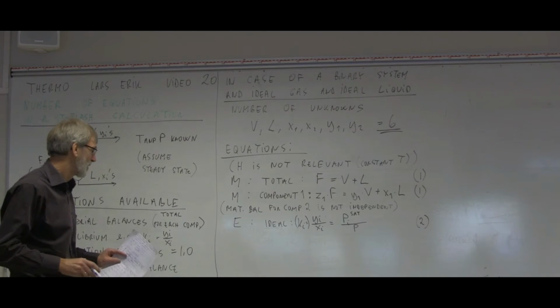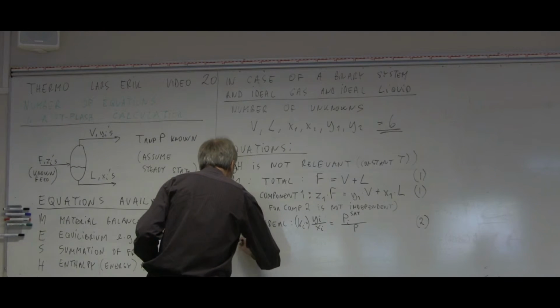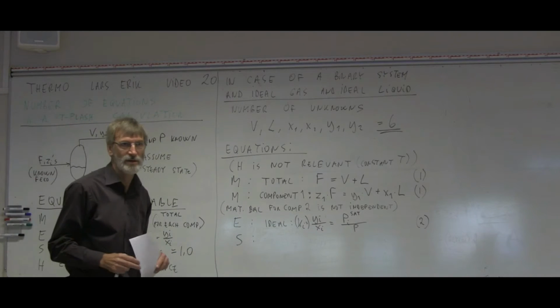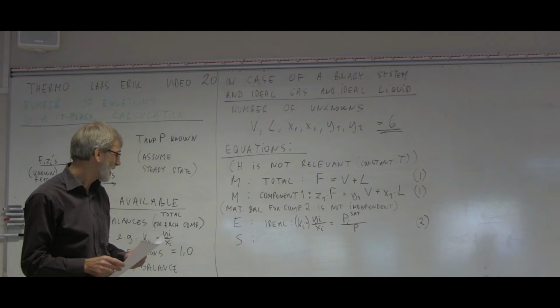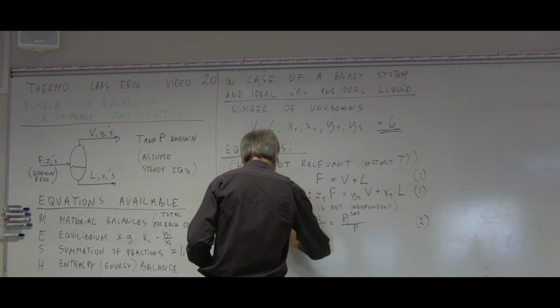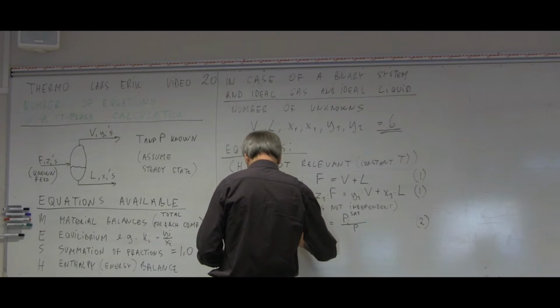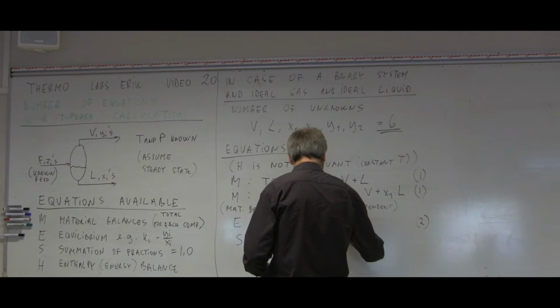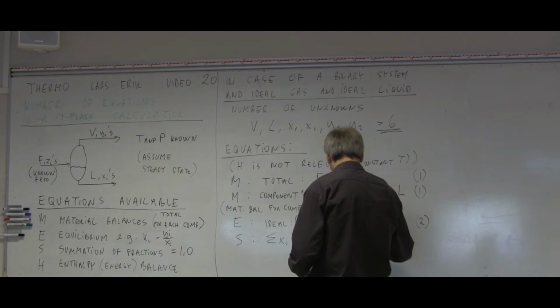And then we have the equations that are easy to forget, and that is the summation equation, which states that the sum of x's is 1 and the sum of y's is 1.